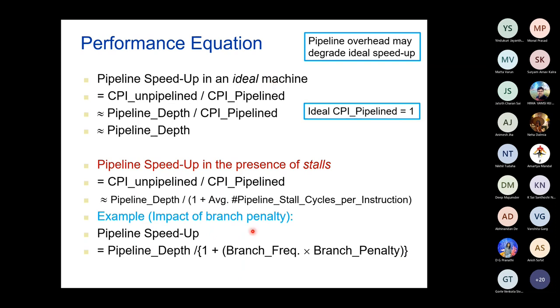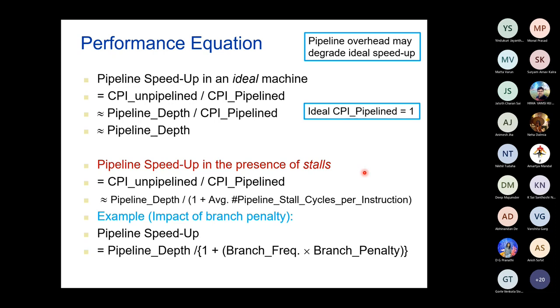Similarly, you have similar expressions for data stalls due to data hazards. And if you know the total number of stalls, including both data hazards and control hazards, you can use this relationship. That's how you can estimate your speedup. Very simple expression, which follows from first principles.